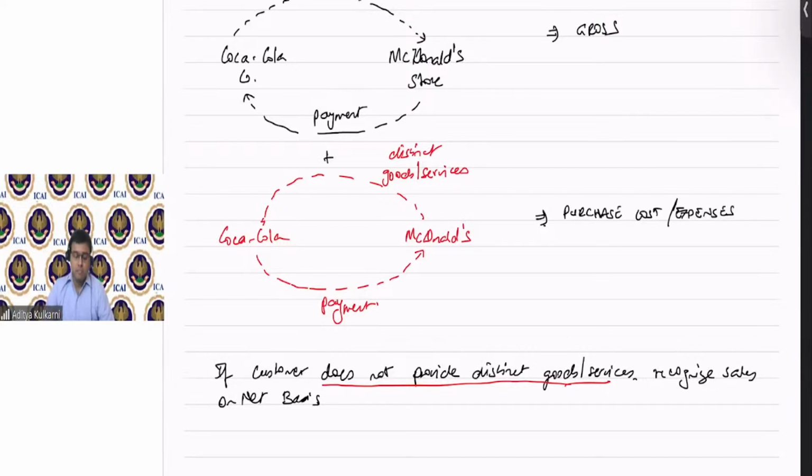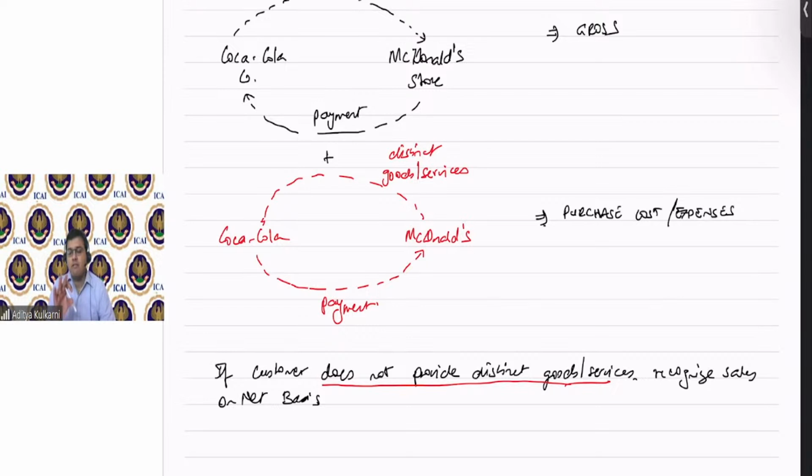Sir, net basis meaning? The Coca-Cola company or these companies have first sold their goods to the grocery store. So that is suppose 100 rupees. And these placement services in the grocery are not distinct, but the bill has gone from the grocery to the Coca-Cola company for, let us say, 25 rupees.